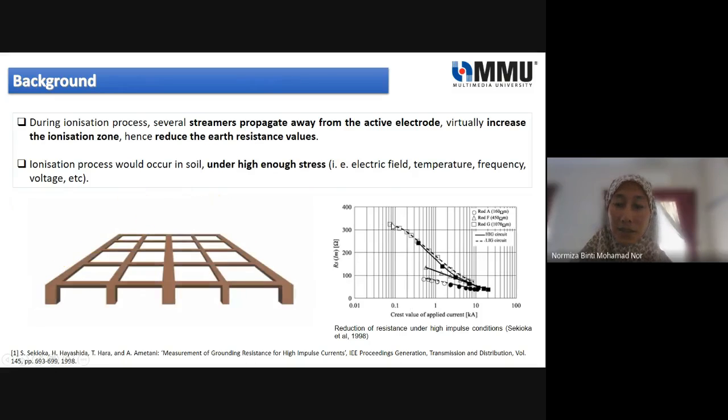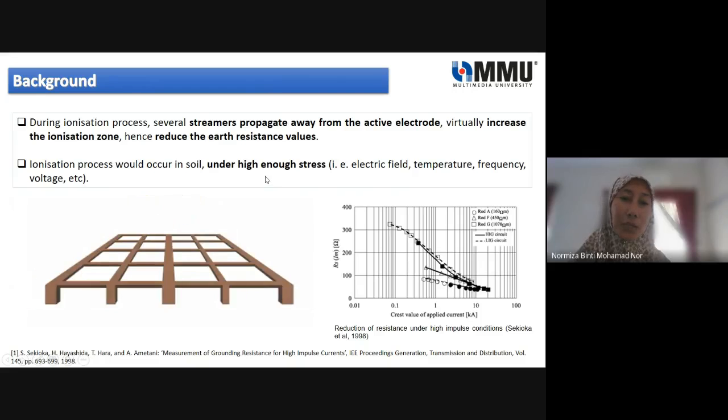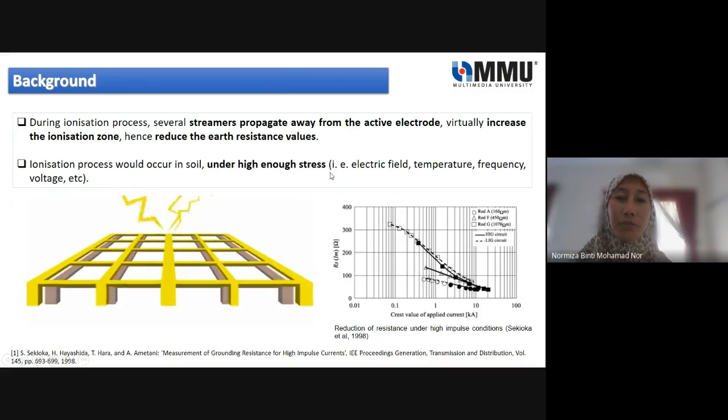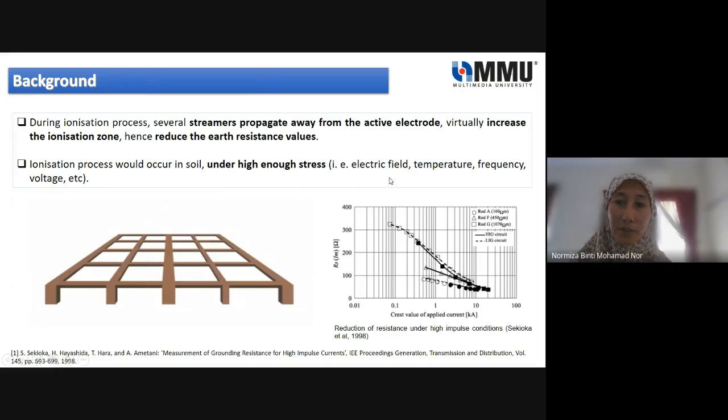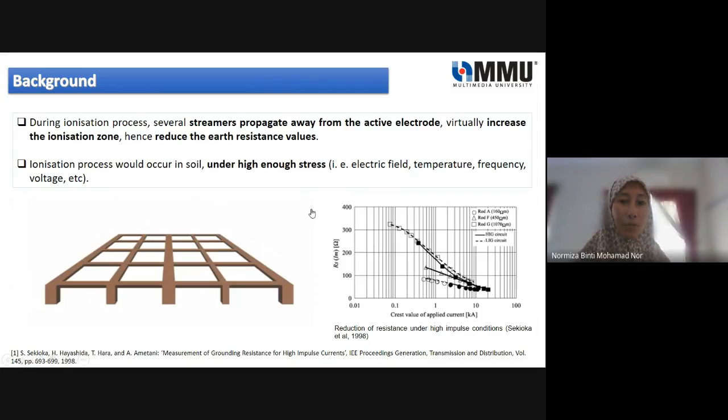Because of this, the ground resistance is expected to reduce as the current increases. However, this is very much dependent on high enough stress, which refers to a few factors such as the electric field, temperature, frequency, voltage or current magnitudes, the time response, and so on.